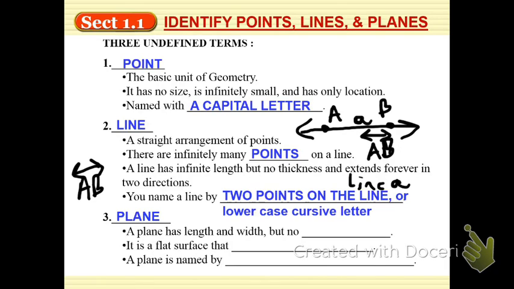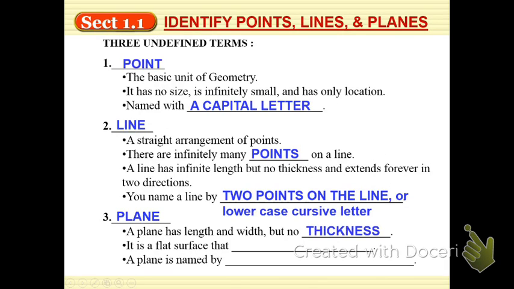It's any flat surface that, those are not true planes because a plane also extends forever in all directions. Okay, but these are part of planes. Okay, so a plane has length and width, but no thickness. Length and width, but no thickness. It's a flat surface that extends forever.